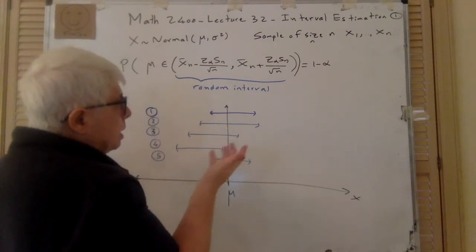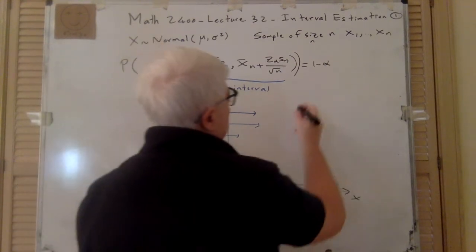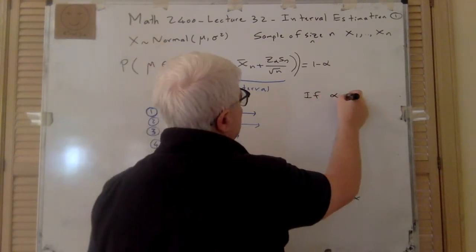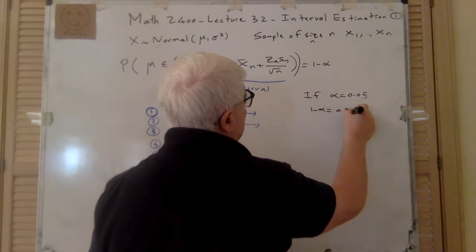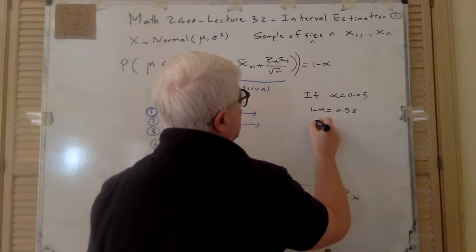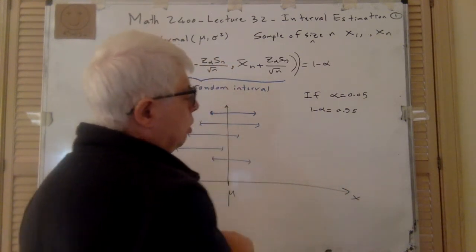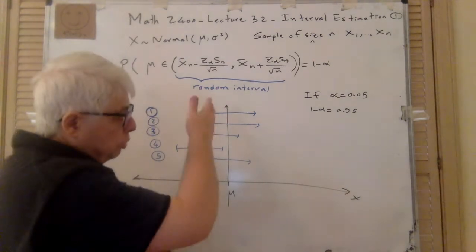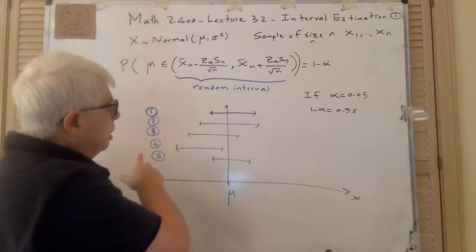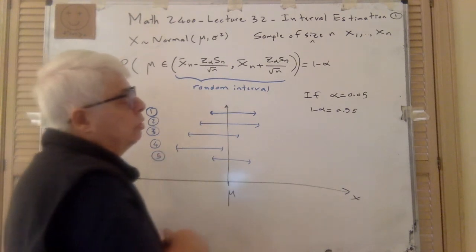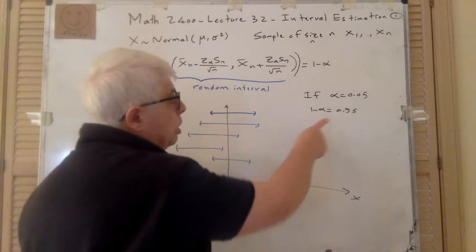So in a sense, it's saying that if, for example, alpha is 0.05, then 1 minus alpha is 0.95. It means that if you do this experiment 100 times, you expect that mu falls within the interval that you find each time 95 times.